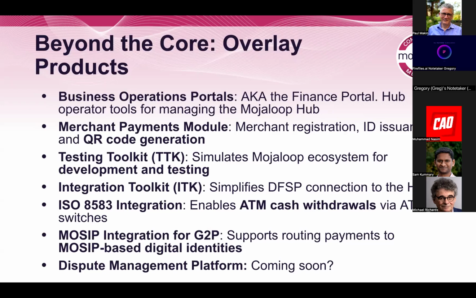Well, the business operations portals, also known as the finance portal, the merchant payments module, testing toolkit, which I hope you're all familiar with, integration toolkit, which simplifies DFSP connections to the hub, ISO 8583 integration, which is about ATM cash withdrawals, MoSIP integration, that's like this is routing of payments to MoSIP-based digital identities, and in fact that integration is all about G2P, and a dispute management platform, which is hopefully coming soon.